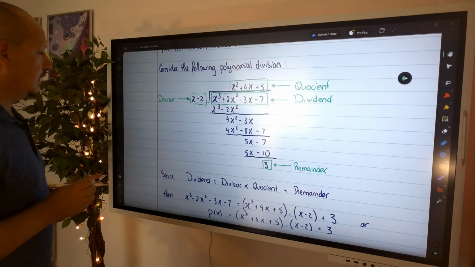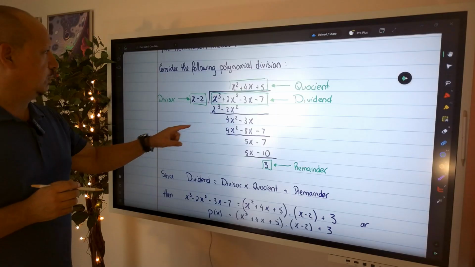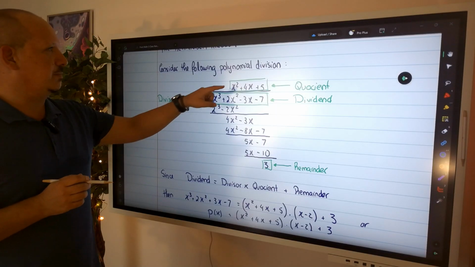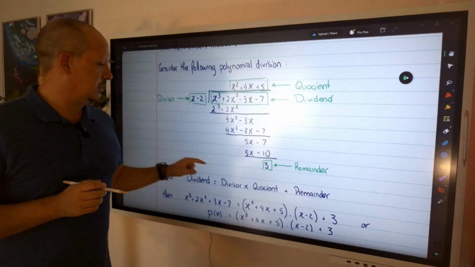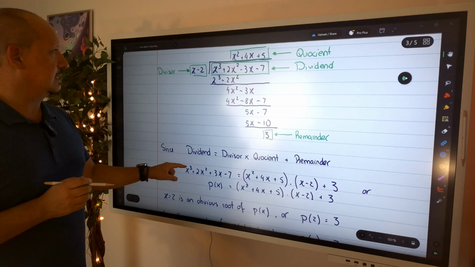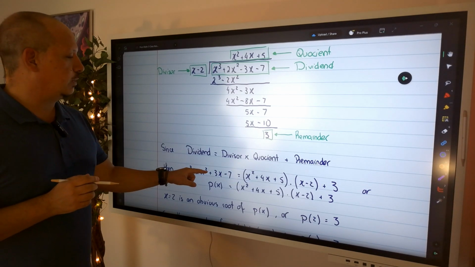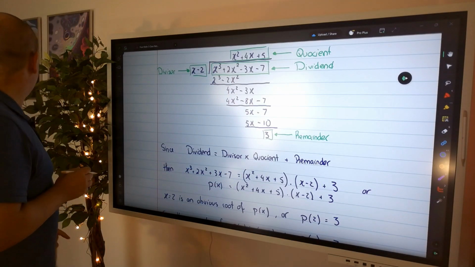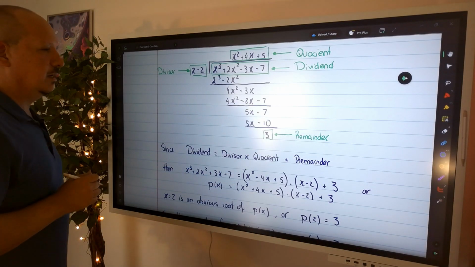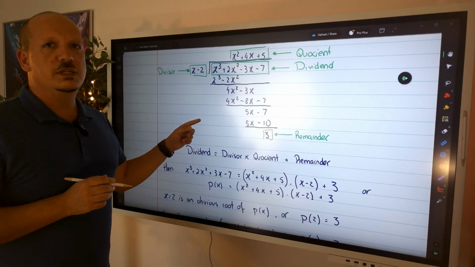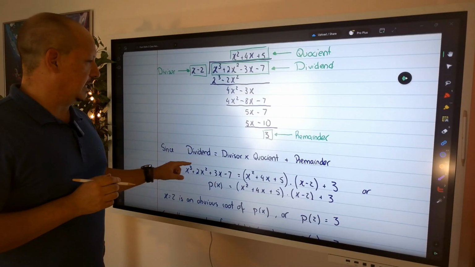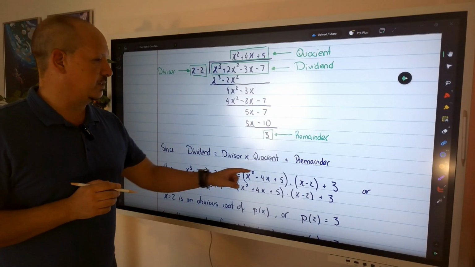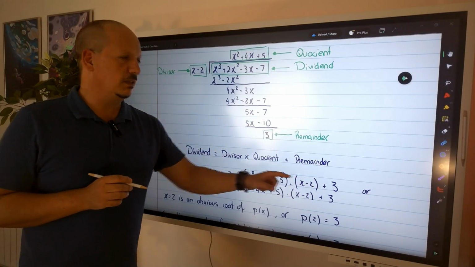You know that the dividend equals the divisor times the quotient plus the remainder. In other words, you know that x cubed plus 2x squared plus 3x minus 7 equals (x squared plus 4x plus 5) times (x minus 2) plus 3. So again, the dividend, the divisor, the quotient, and the remainder.